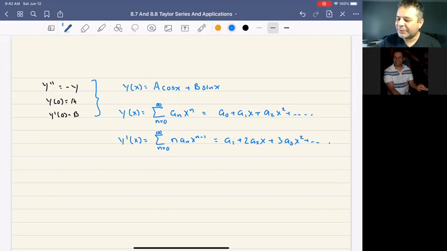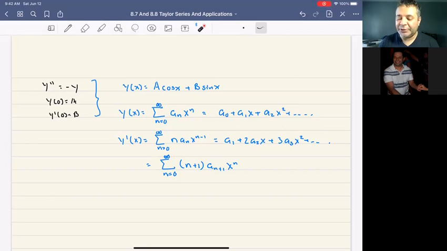It's the same shift that we did last time. n goes from 0 to infinity again, and I'm recognizing that the a sub 0 term goes away. So I'm going to have n plus 1, a sub n plus 1, x to the n. Recognizing that the first term is when n equals 1, but I really want to have x to the n there.